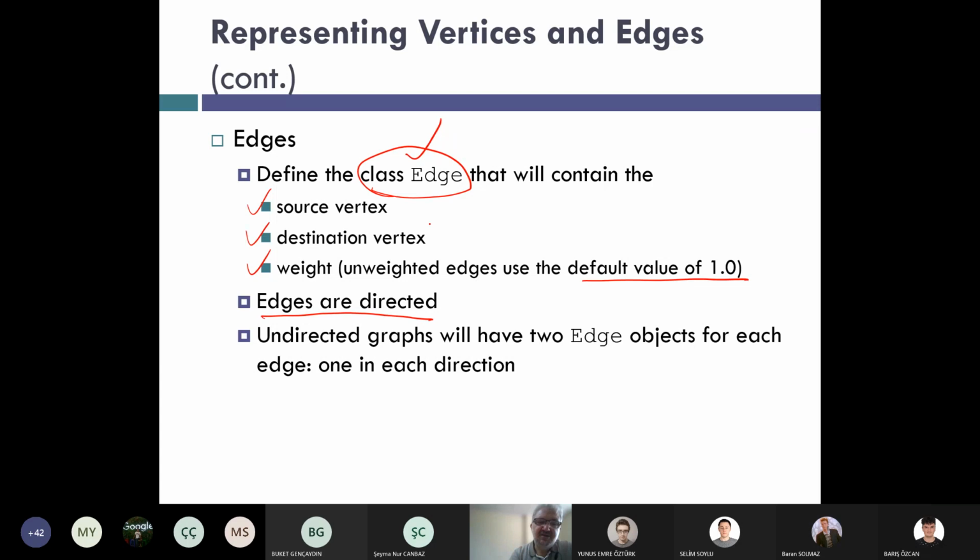So an edge from source vertex to destination vertex. So the destination vertex is adjacent to the source vertex only, not vice versa. You can represent undirected edges by putting 2 edges, from A to B and B to A.